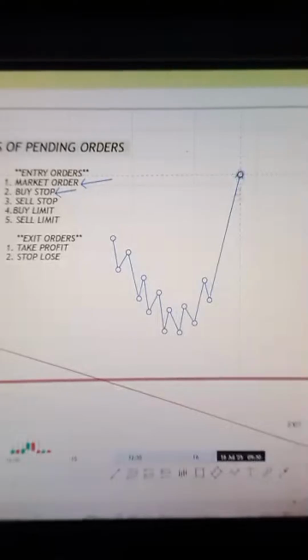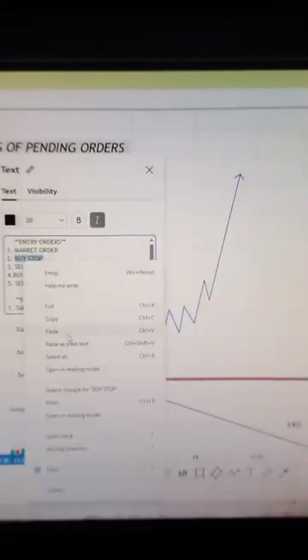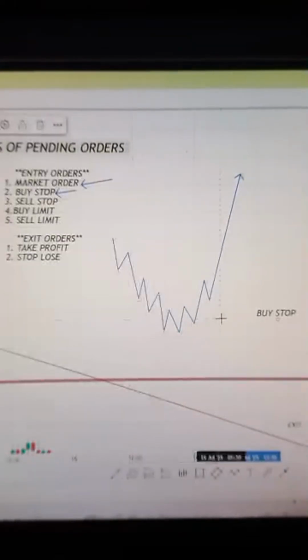Let's say this is a trend, right? So you come and you put your, where is it? Buy stop, right? Let me copy that. Okay, so you come and put your buy stop here. Paste. Okay, good. Now you come and put your buy stop around here.